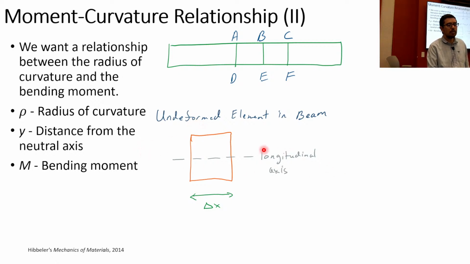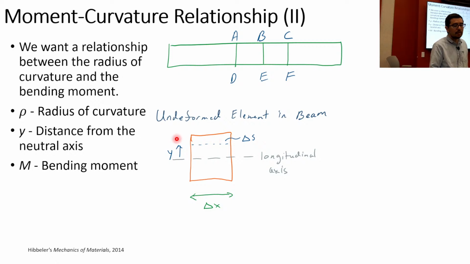You remember the longitudinal axis, or the neutral axis, is what we would say had zero bending stress along there. It also has zero extension, zero change in length as these beams bend. We have a distance away from the longitudinal axis, or the neutral axis, and we call that distance y.